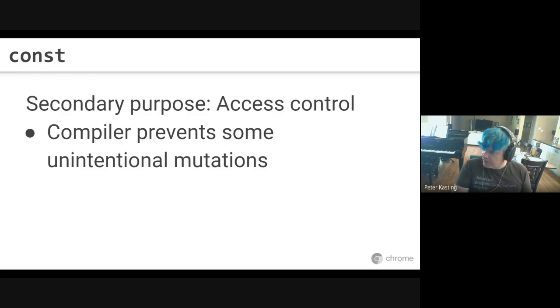Const in interfaces, is our style guide against it? So for clarity, you mean like putting const on methods, saying like get blah, blah, blah const. Yeah. Our style guide is not against this. In fact, our style guide encourages this.